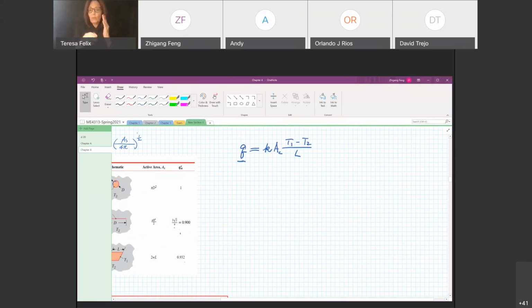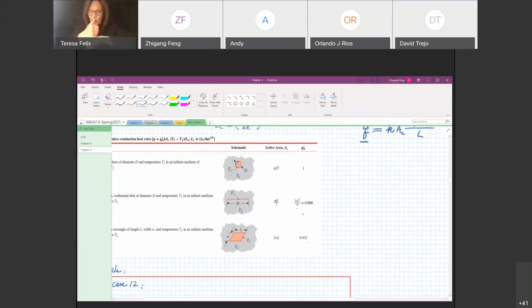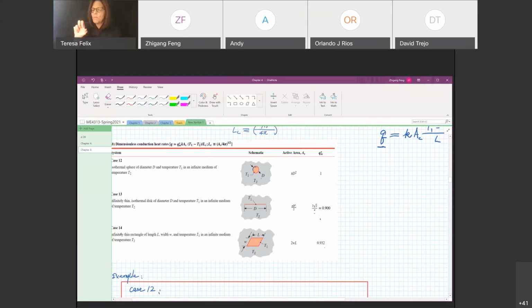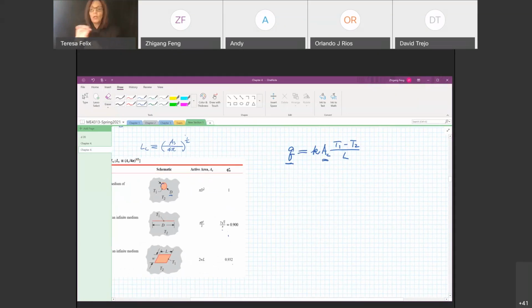But for many configurations, such as a sphere inside an infinite domain, so this is the case when you have a sphere of diameter d inside an infinite domain, we don't have a cross-section. The cross-section area always changes. We don't have a fixed cross-section area. And also we don't have a length L, right?